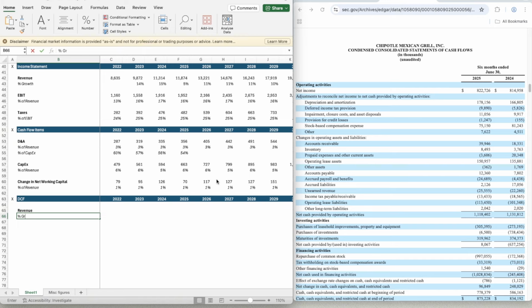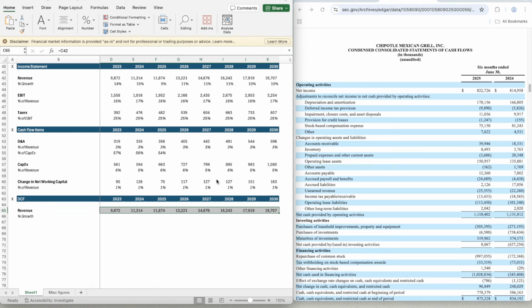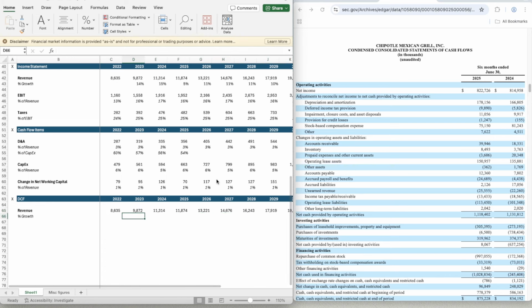And we do exactly the same again of what we've just outlined. We make it equal to what the revenue was at the top. So that was C42. And we go down, -1.